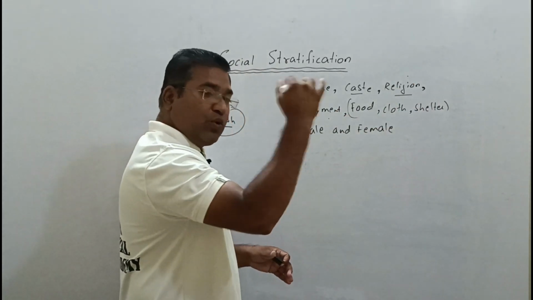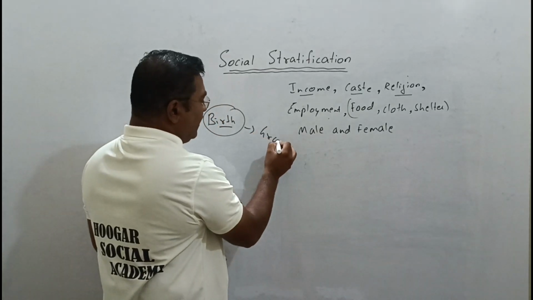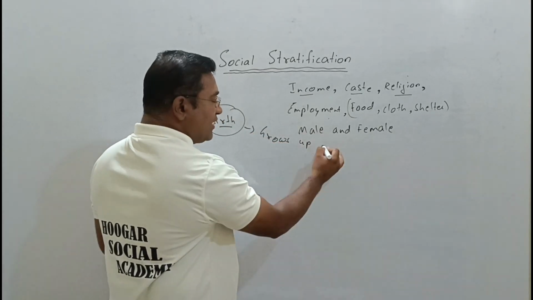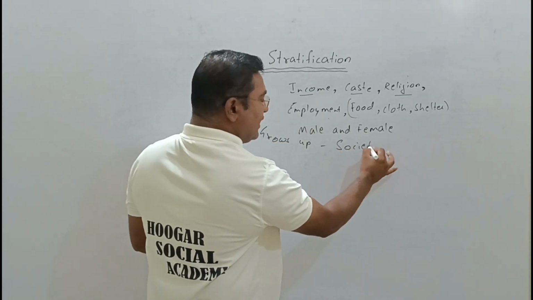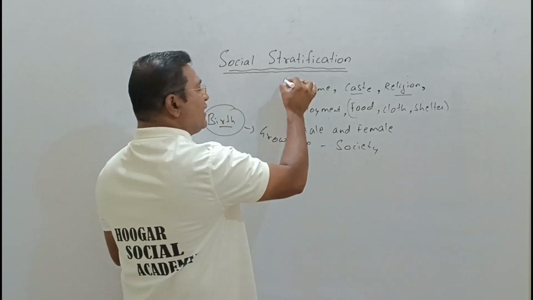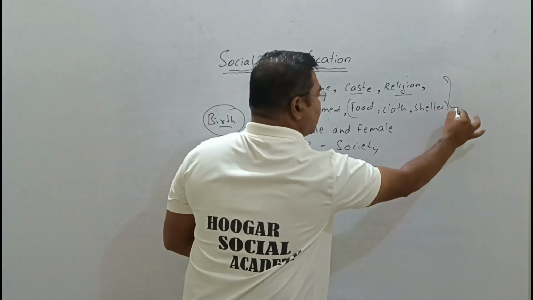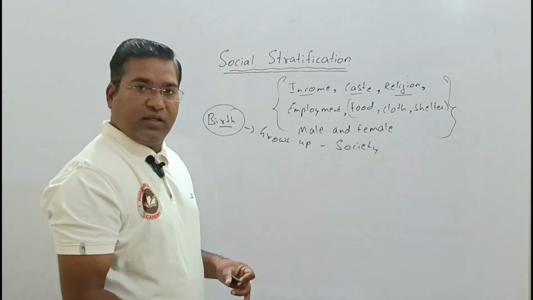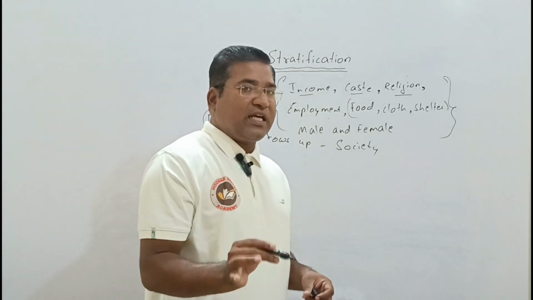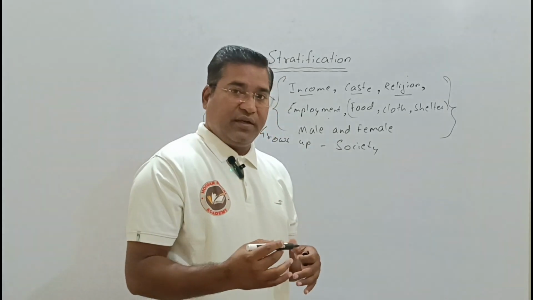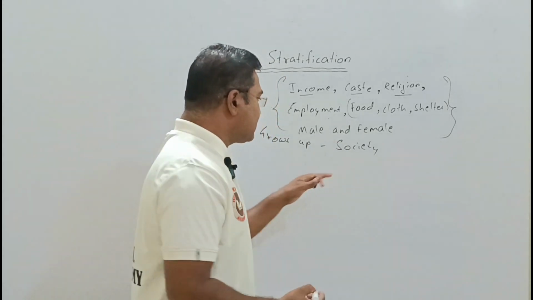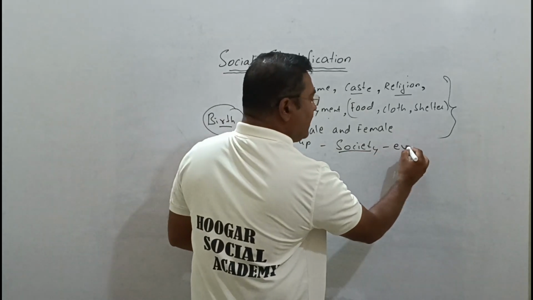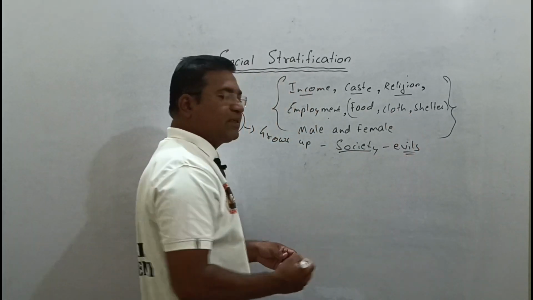But when he grows up and mixes in society, he comes to know about these many things. So by birth he is not classified, but when he grows up, he gets to know that there are many evils present in the society.